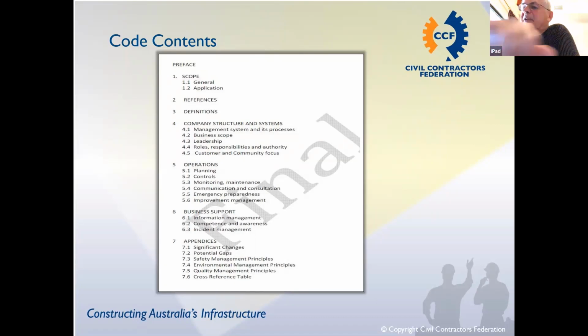I think most companies define that pretty well. Leadership, there's the thing that was mentioned about it's got to be led from the top down. It can't be led from the bottom up. Roles and responsibilities, and a little bit more emphasis on customer and community focus. We always look at the customer, but what about the community generally where we operate in that area?